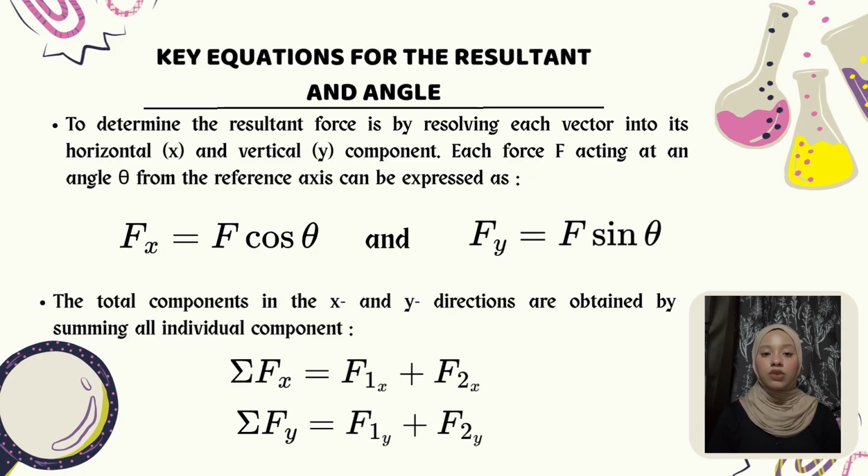For the next equation, the total components in the x and y directions are obtained by summing all individual components. The formula we use: sigma Fx equals F1x plus F2x plus F3x, and for y, sigma Fy equals F1y plus F2y plus F3y.